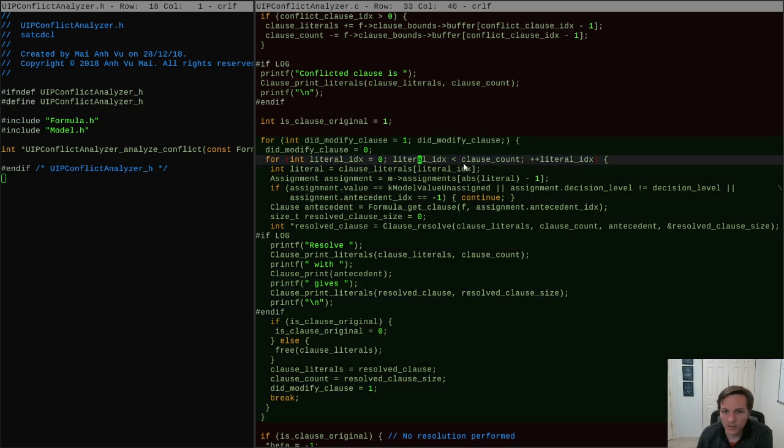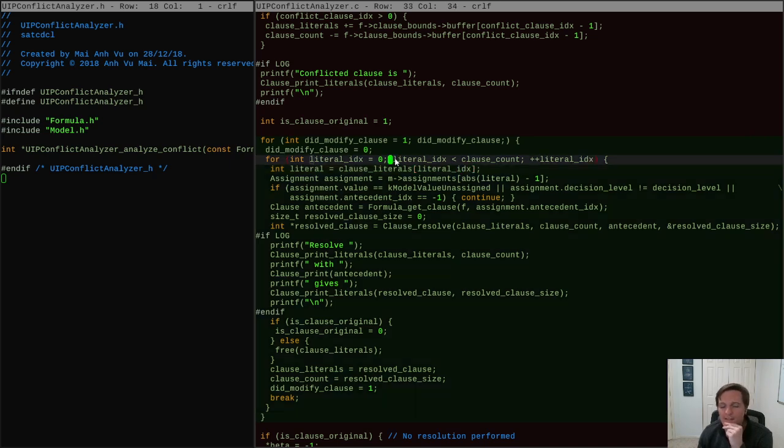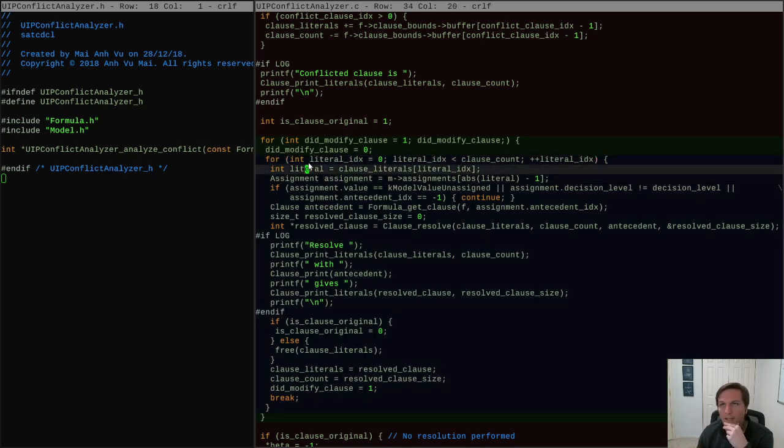Okay, literal index is less than clause count. We look at each literal. Literal equals clause literals, literal index. Okay, right, so literal index is the index into the clause. We're iterating over the clause. This is the actual literal value, the integer that represents what literal we found inside the clause.